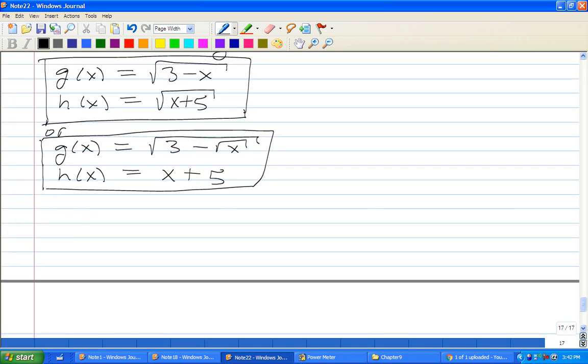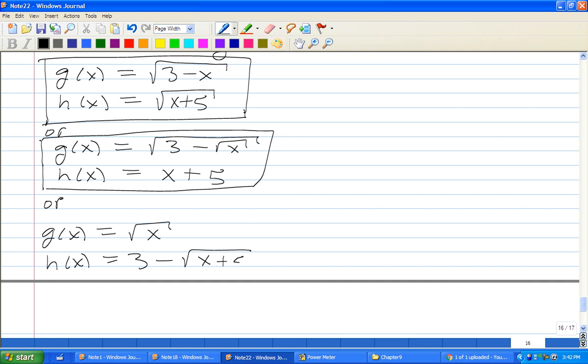Or let's say let g of x equal radical x and h of x equal 3 minus radical x plus 5. Then f is g composed with h.